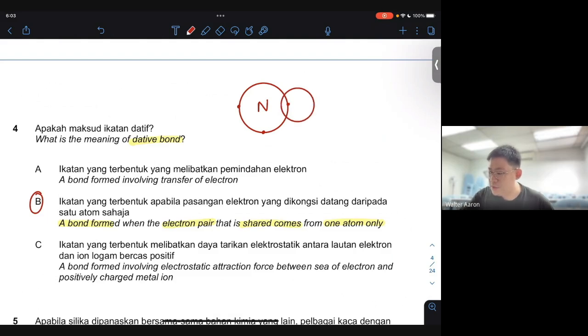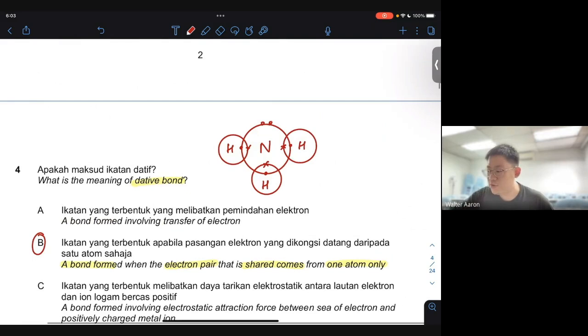So this causes the nitrogen to have an excess of technically 2 electrons, which we call a lone pair, because it's a pair of electrons that's not bonded to anything else, right? So you can see that nitrogen itself has another 2 extra electrons on top. If there's a hydrogen ion with an empty shell, it can actually come in here and share the 2 electrons directly, and then it will be able to form a dative covalent bond.